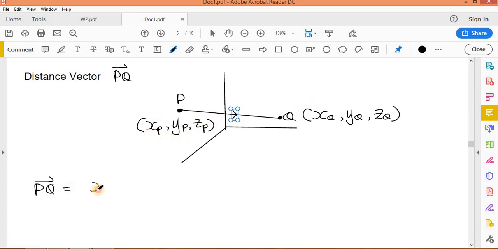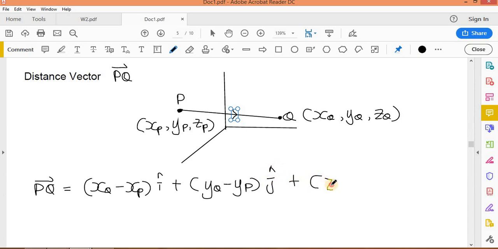So it will be xq minus xp, very similar to the position vector. Just for this case, you are not comparing with the origin, you're comparing with the other point. So the j component will be yq minus yp, and the last one will be zq minus zp.